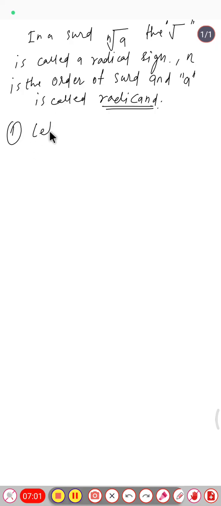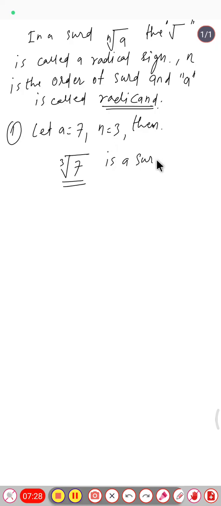Let a is equal to 7 and n is equal to 3. So in the root sign there is a 7, and we write it in this way, and it is a surd.